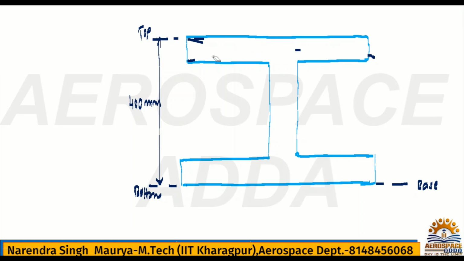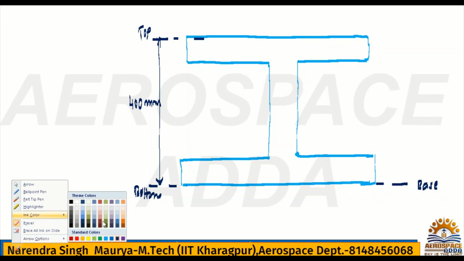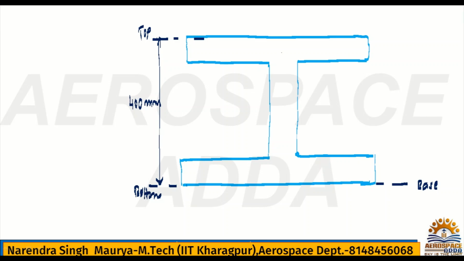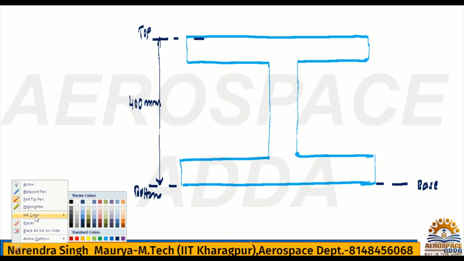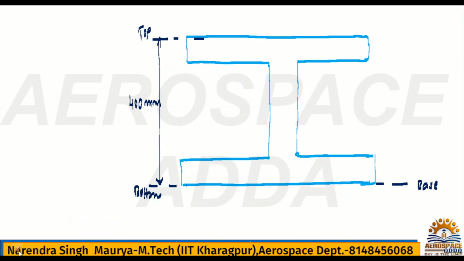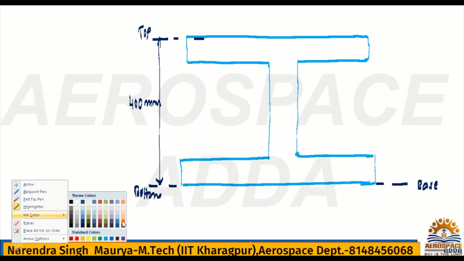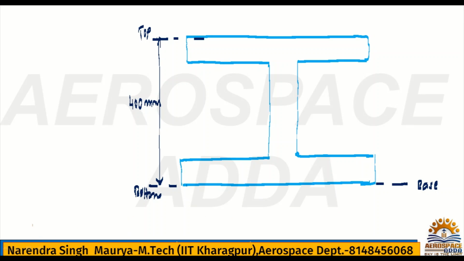Again, why cut the section and draw so many things in this diagram. Your CG location is somewhere at mid for this section, and because everything we are measuring with respect to the base, here this is your CG location, and this CG location from the base you now need to calculate.